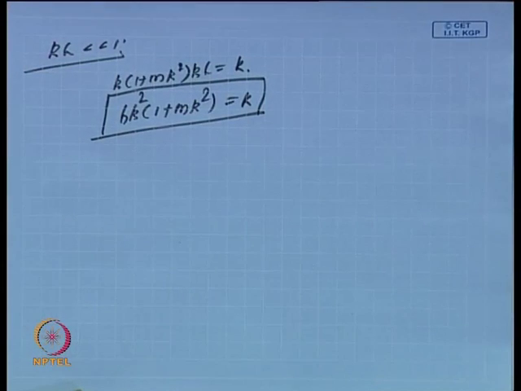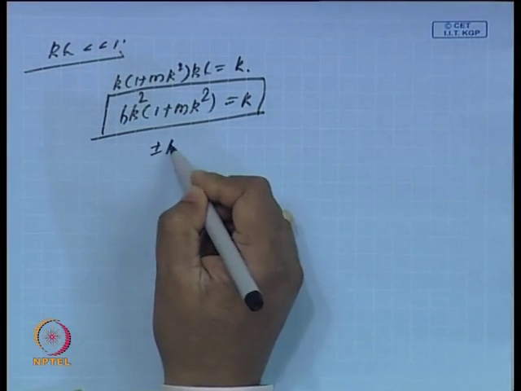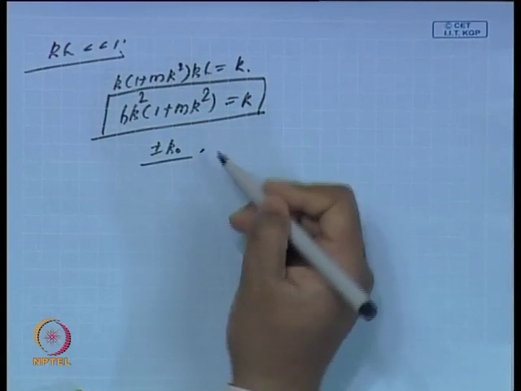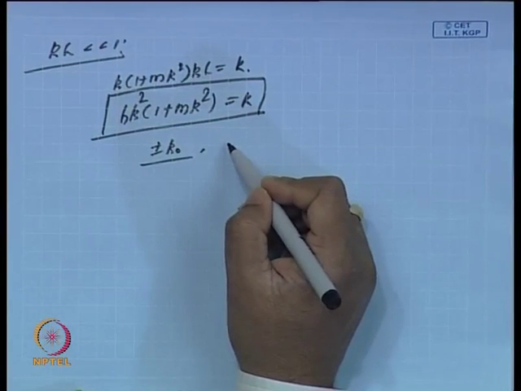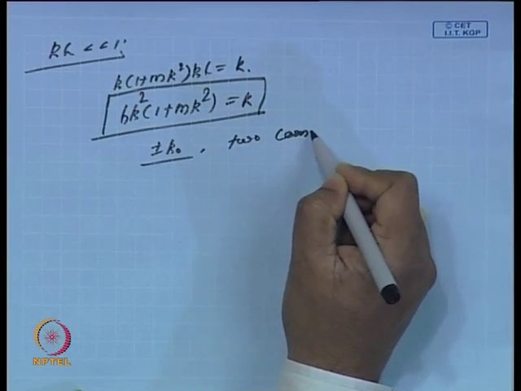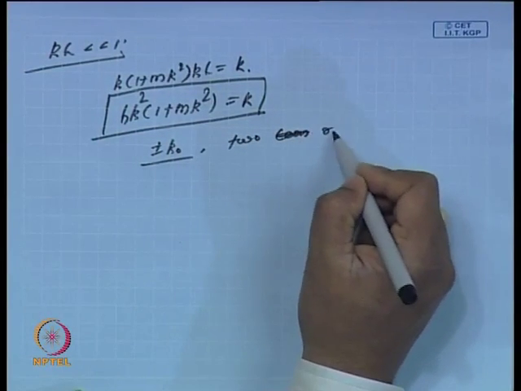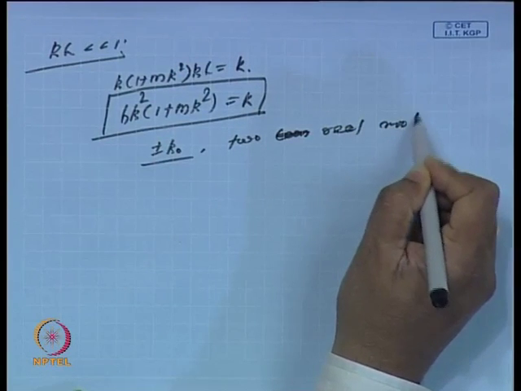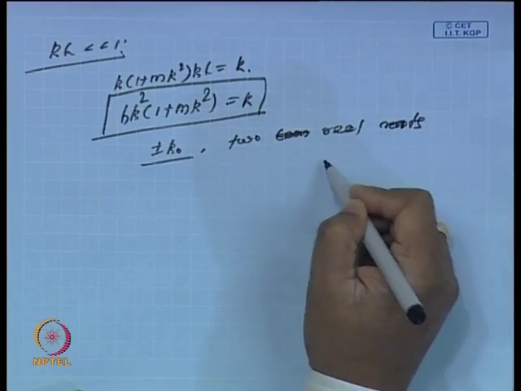Out of that, it can be easily seen that plus minus k0 are the 2 real roots, and it will have 2 complex roots.